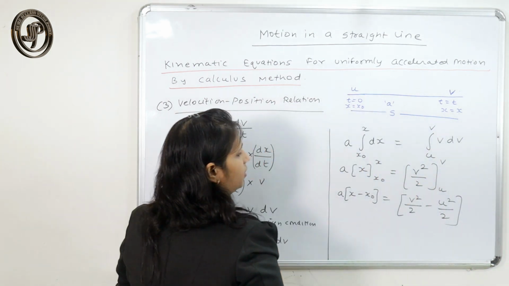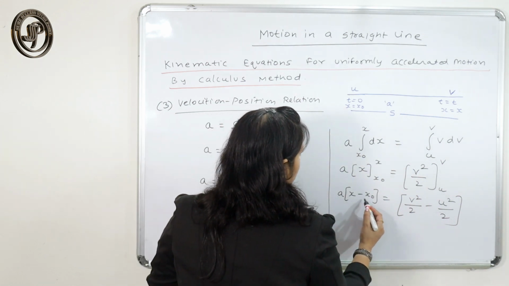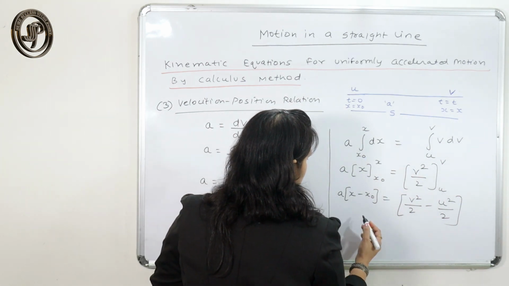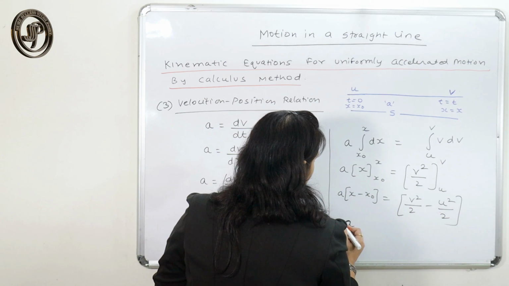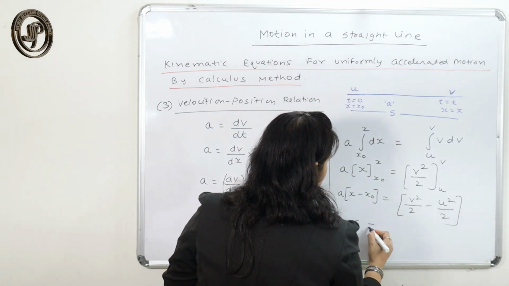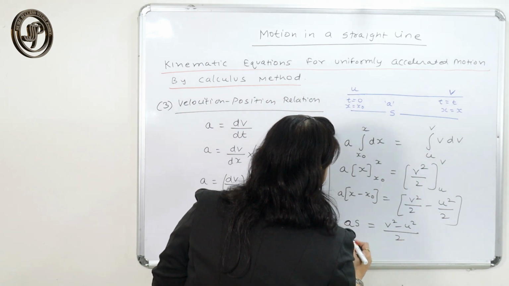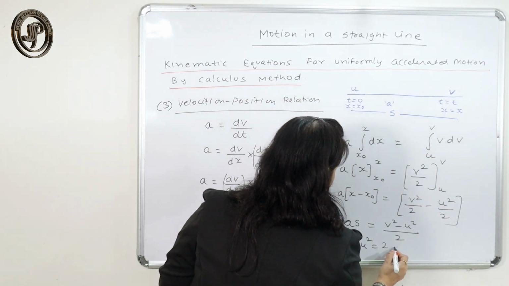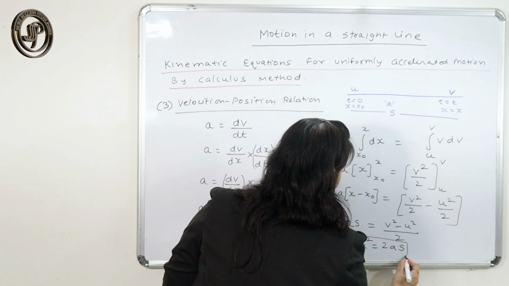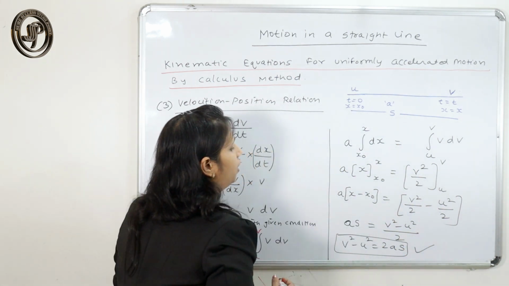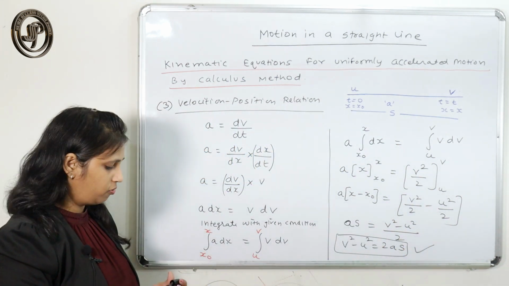Now, you can substitute x minus x naught as s. So, a s is equal to v square minus u square upon 2. So, you can write v square minus u square is equal to 2as. This is my third equation of motion.